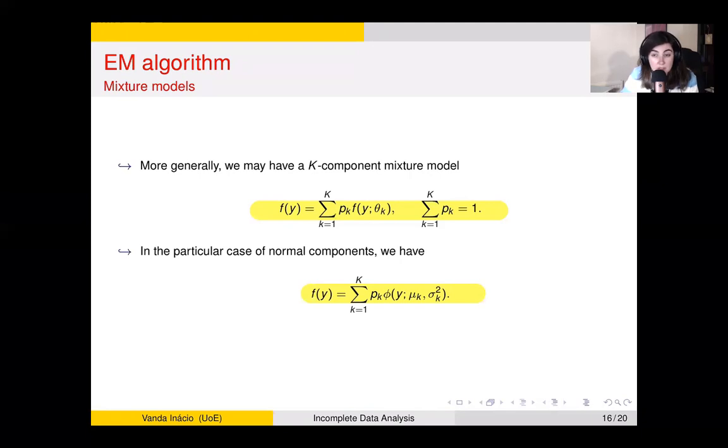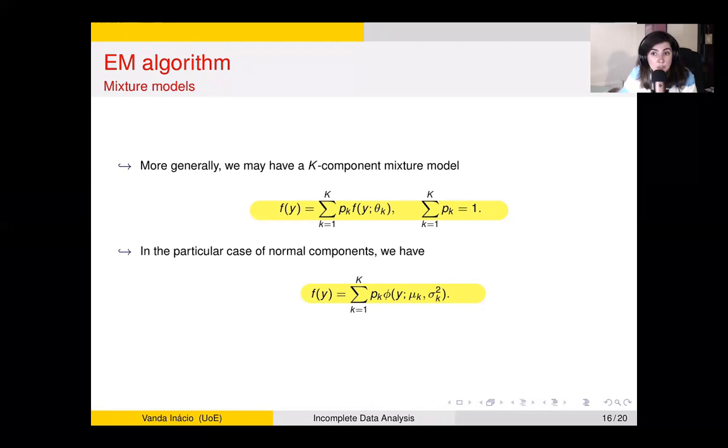And mixture of normals are important because it has been shown in the literature that, provided that we use an appropriate number of components, mixture of normal models can approximate any density on the real line. So any density that we can think about that's defined on the real line, mixture of normals, provided that we use enough components, will approximate the density well.